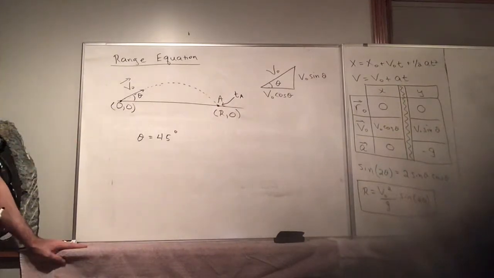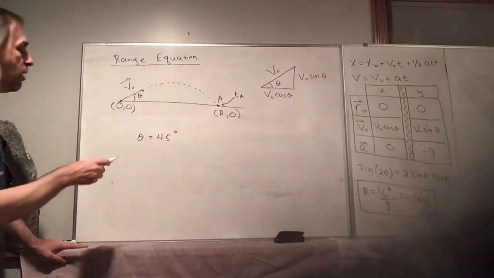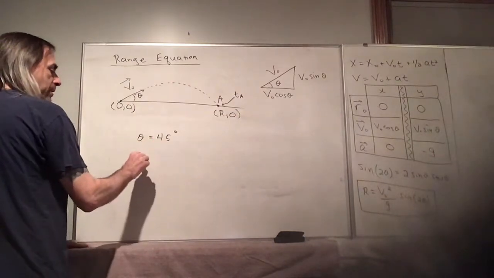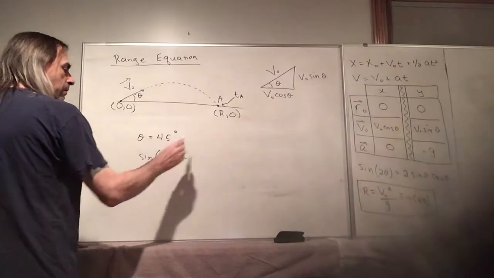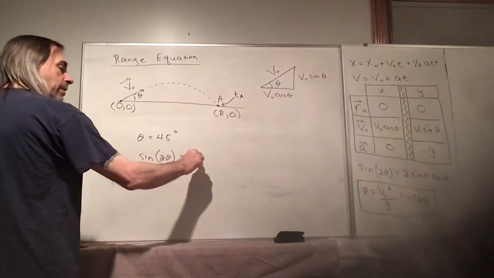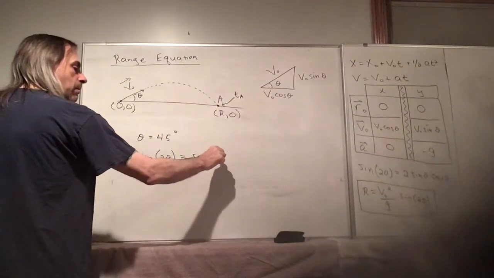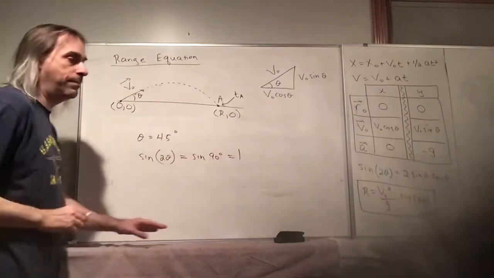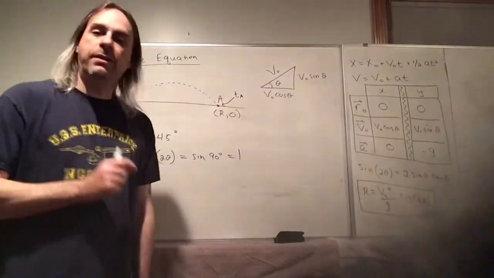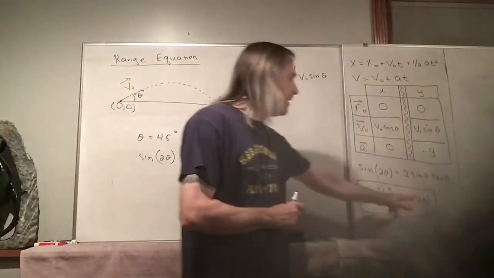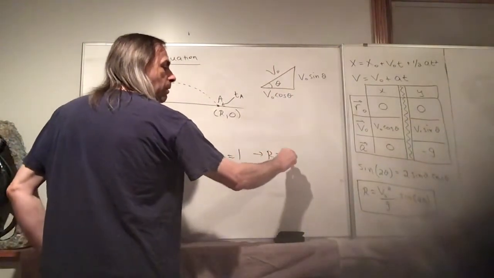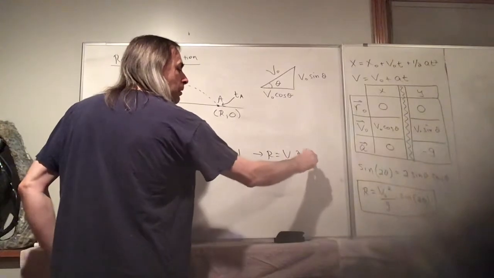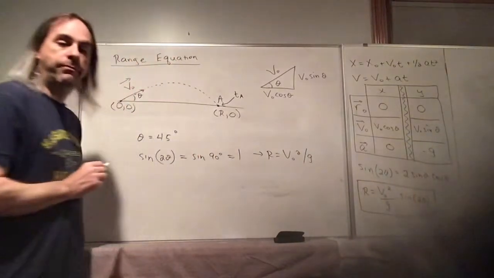Now, why do I know that's the case? Well, if theta is 45 degrees, sine of 2 theta is sine of 90 degrees, which is 1. And so if we select theta as 45 degrees, then the range is going to be v naught squared divided by g.